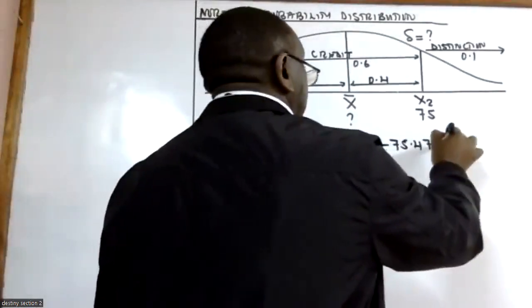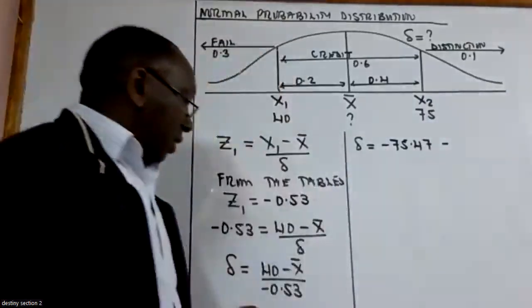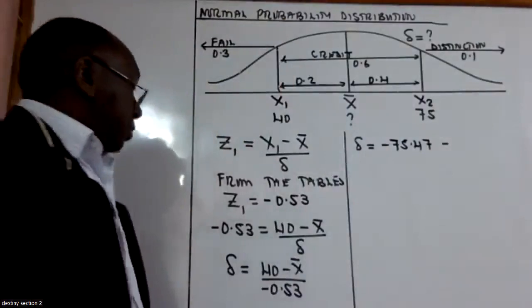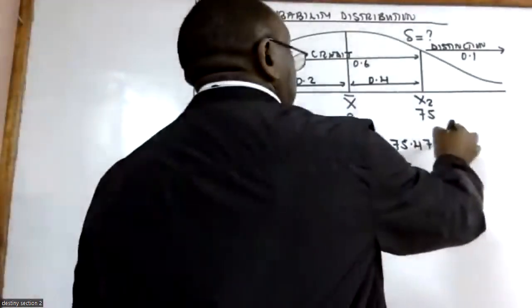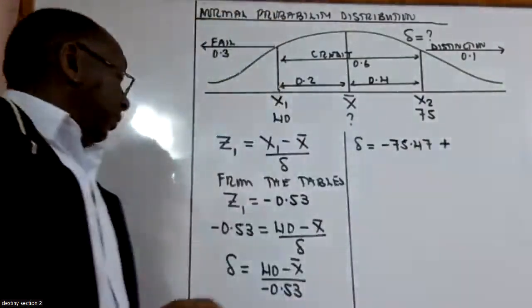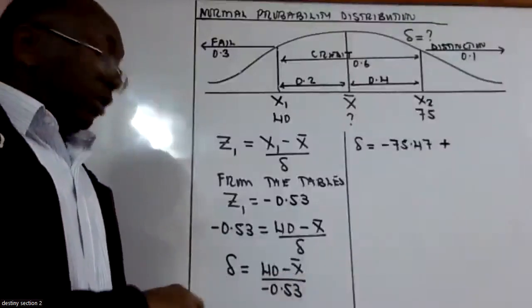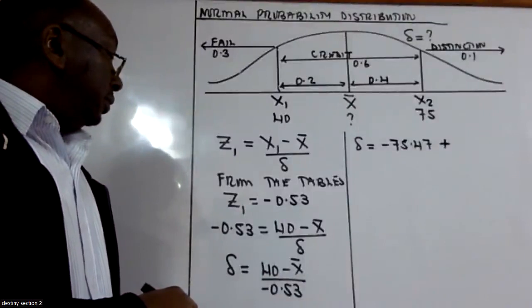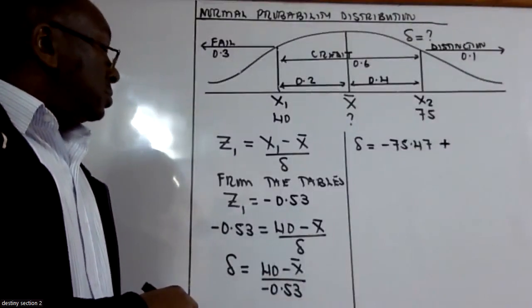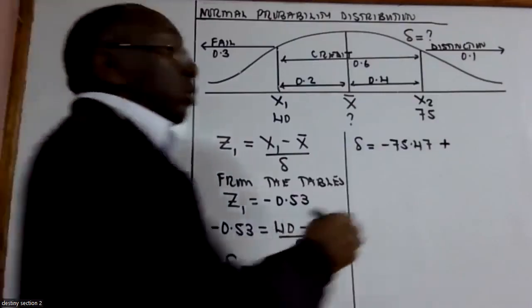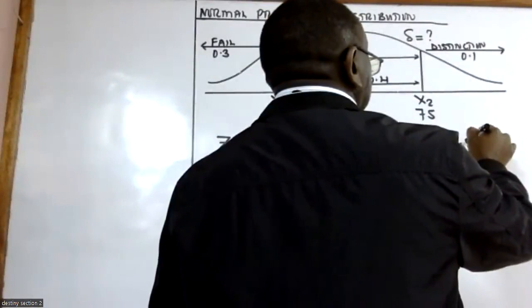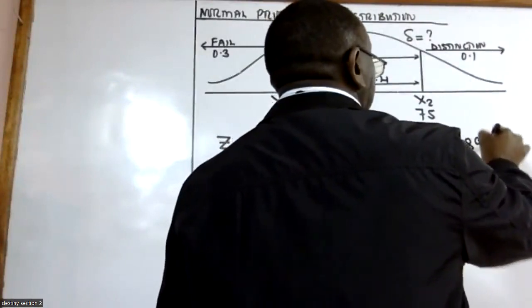Minus 1 divided by, now that will become positive. So 1 divided by 0.53 is 1.89, 1.898 bar.